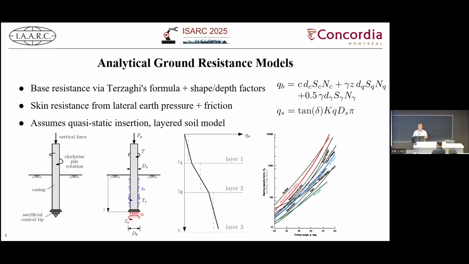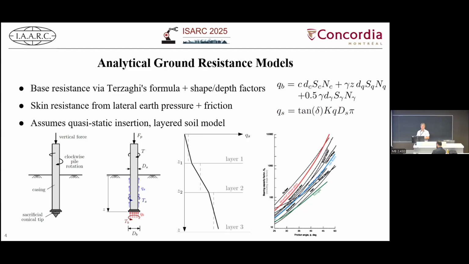The base resistance obviously develops at the tip of the pile, which is being inserted into the ground. For this one, we use Terzaghi's formula or other bearing capacity formulations. The force developed in this case is proportional to the depth, and there are many other factors to consider here, like shape factors and depth factors, which give us different ultimate bearing capacities.